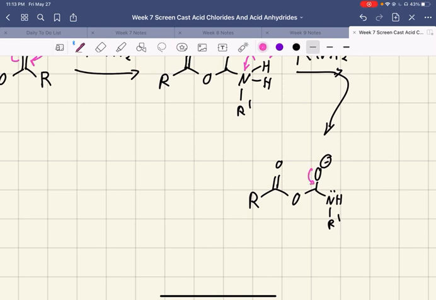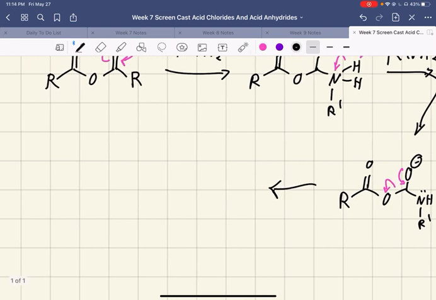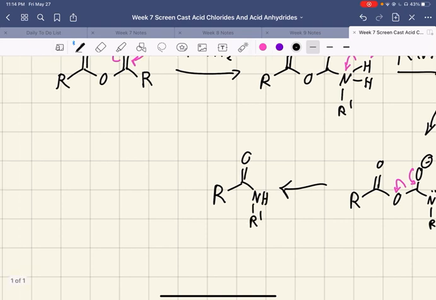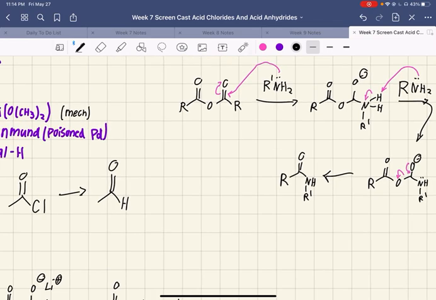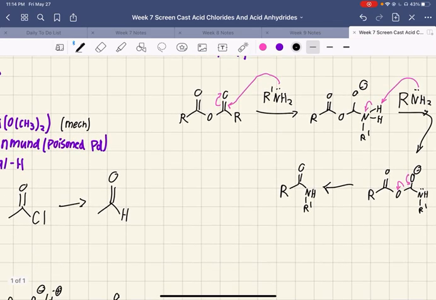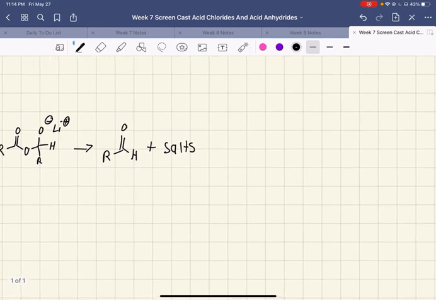The double bond will form again, kicking off this part, and then the final product will be an amide with its subsequent R group, and essentially just a salt. So that was the mechanism for amine.